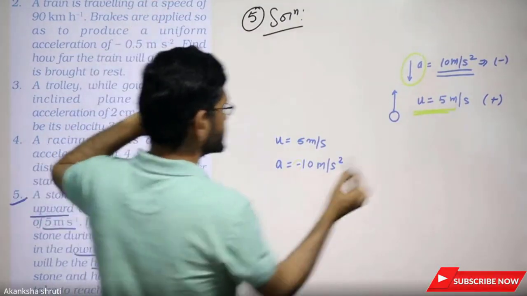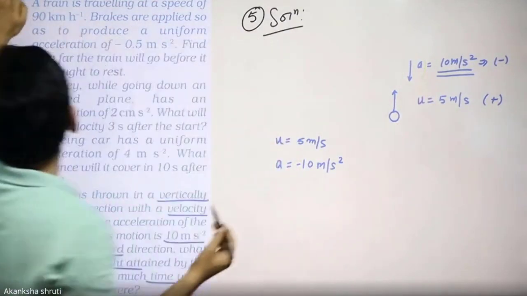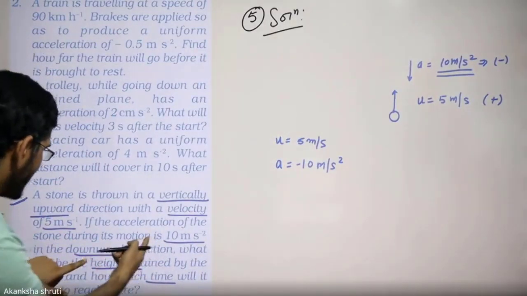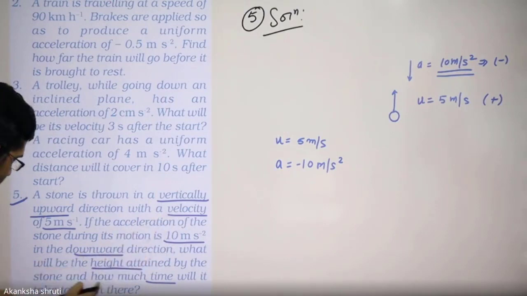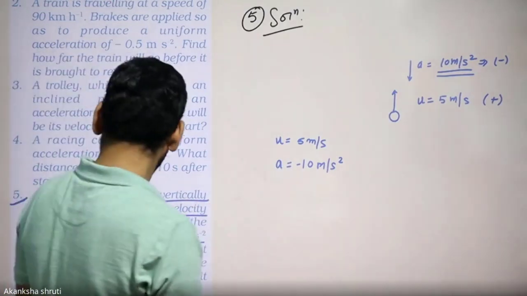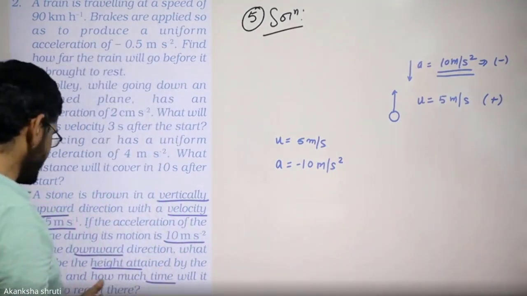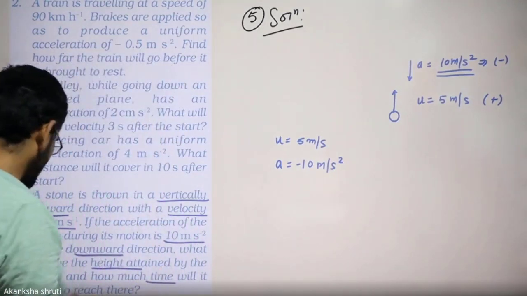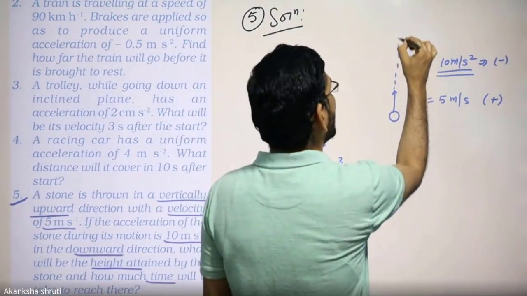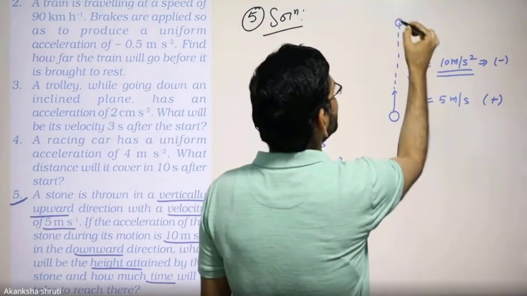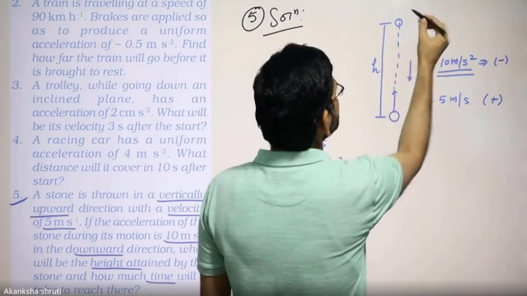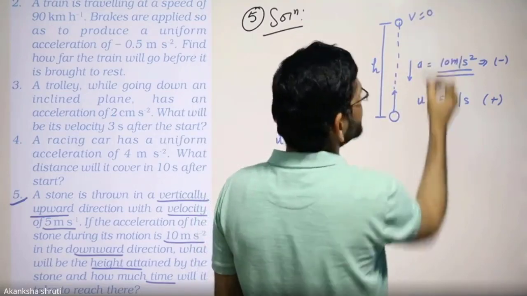Then come to the next given quantity. It is also given that the acceleration is downward. To make you understand, take this as negative. Then we have to find the height attained by the stone and how much time it will take to reach there. Students, when it is thrown, I have explained the motion, that it will go to a maximum height h such that its speed becomes 0.